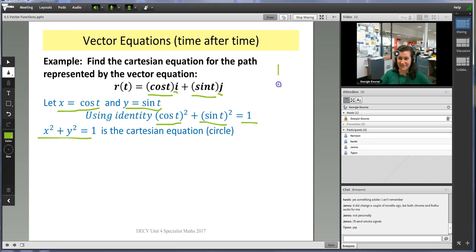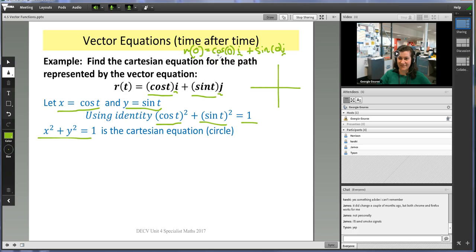So for this vector, if you substitute t is equal to 0 in here, for example, r of 0 is going to be equal to cosine of 0 i plus sine of 0 j. So this is going to inform us whereabouts this path is starting. So where is it starting?